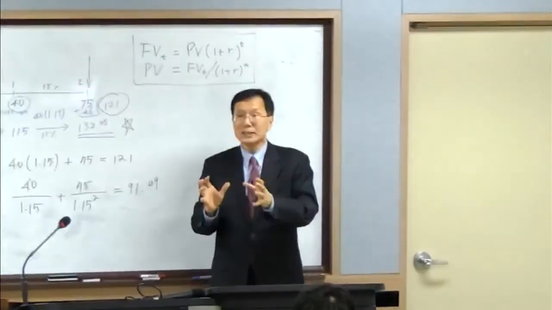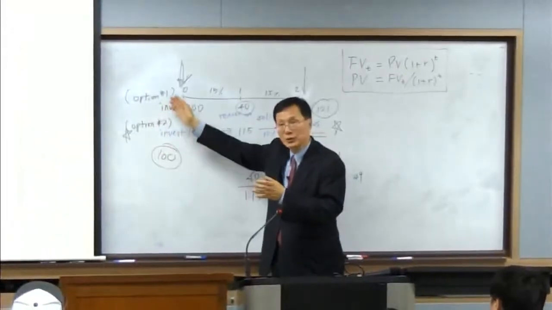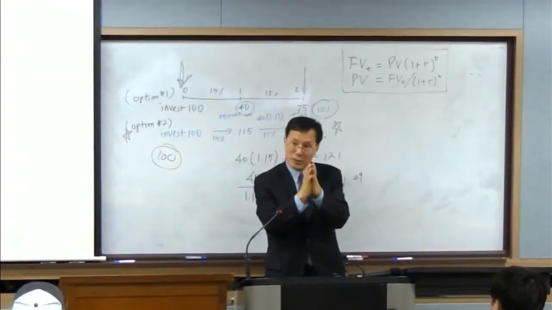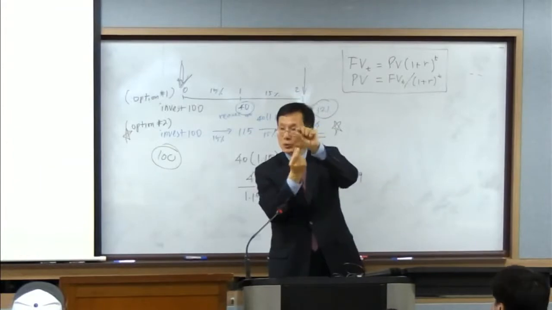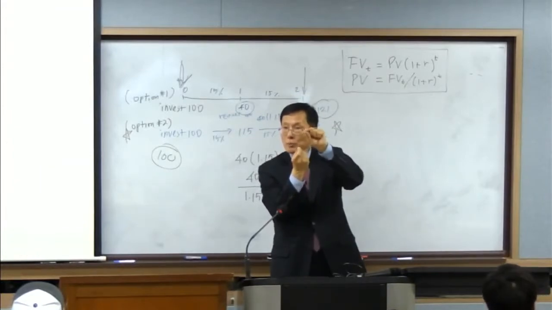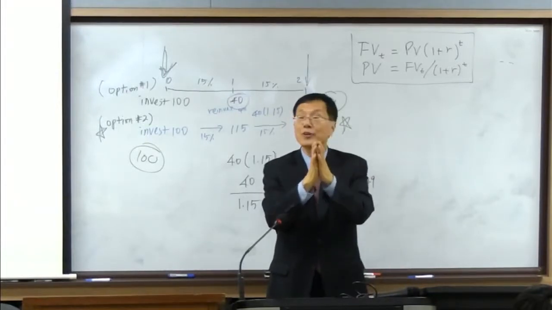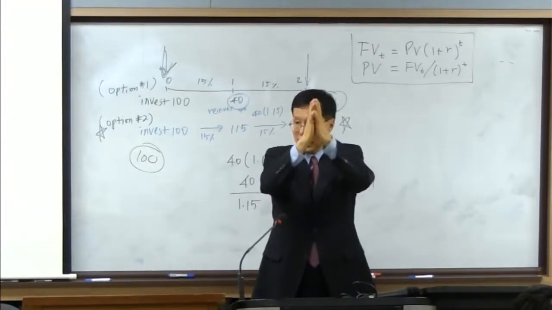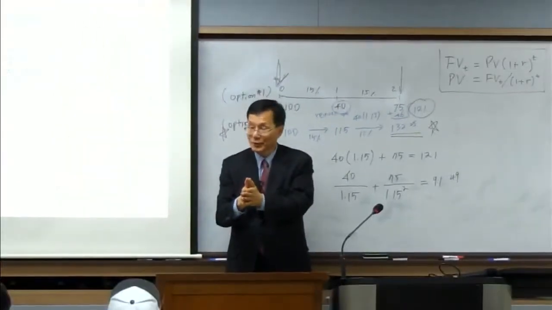Notice what I did is to compare the 2 alternatives at the same time. In other words, when you have more than one alternative, then you compare those 2 alternatives as of the same time, as of present value or in terms of future value.